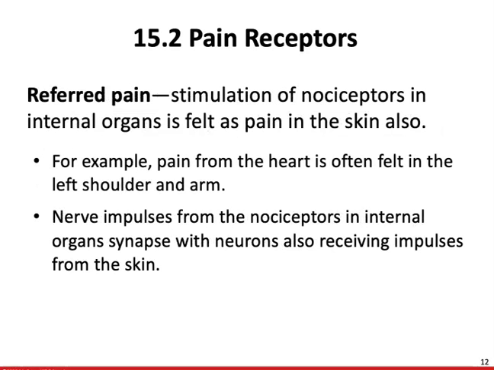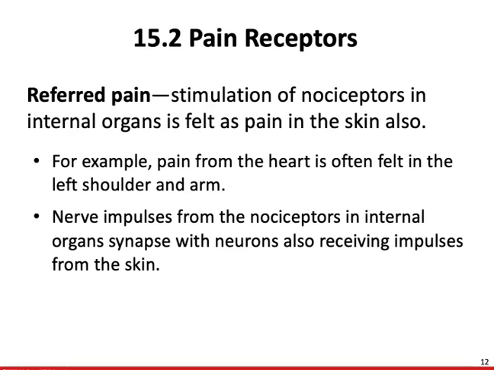Now the interesting thing about pain receptors is that they're not always accurate. Stimulation of nociceptors in the internal organs can be felt as pain on the skin also. So you can actually feel pain in other areas than just that general location.